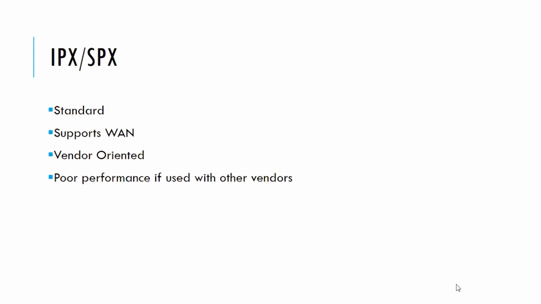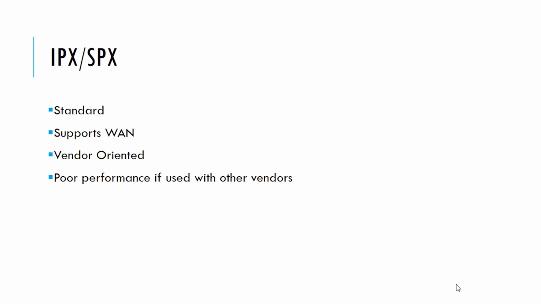The second protocol is the IPX/SPX that was vendor-oriented, designed by one of the companies working in hardware and software. It was standard based on the ISO OSI and it supported transmission of data over WAN. But it also had a drawback, that it was oriented too much towards its vendor.